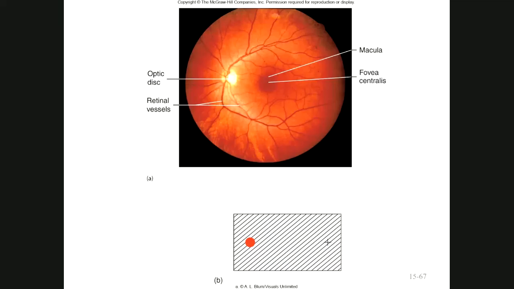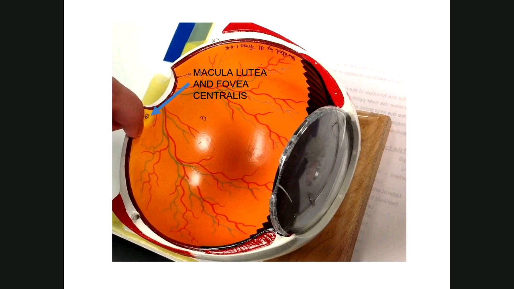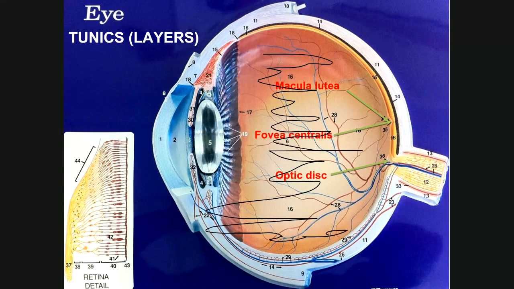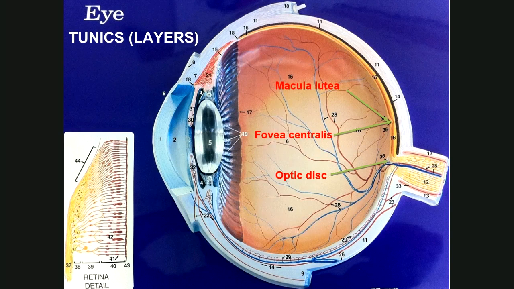Well, let's go back to our other picture. Rods are pretty much everywhere, except there are no rods right here. But there's rods out here, just pretty much everywhere you go. Cones are also pretty much everywhere, but cones are concentrated right here.